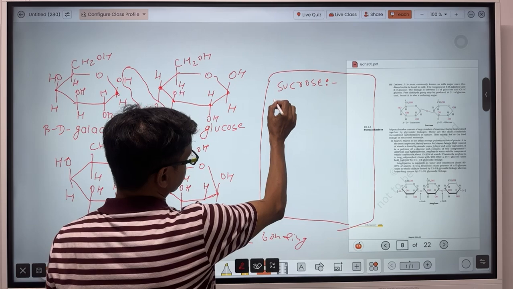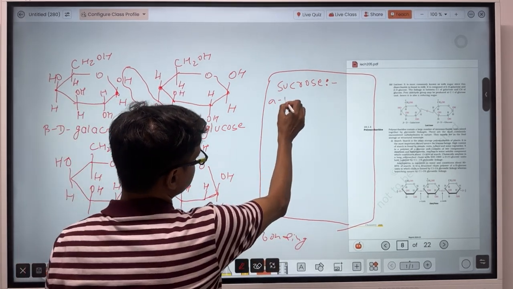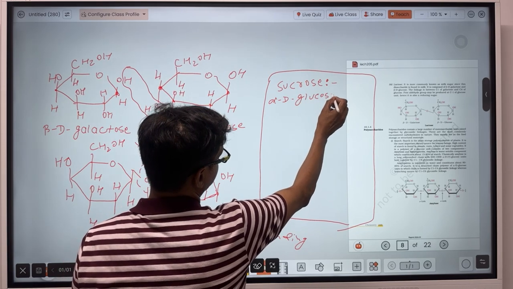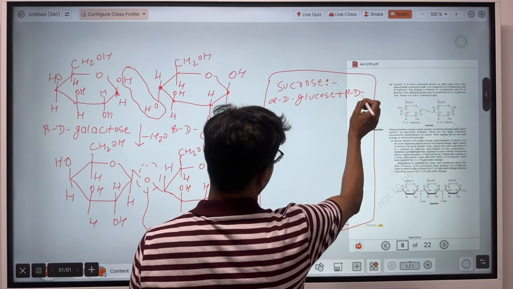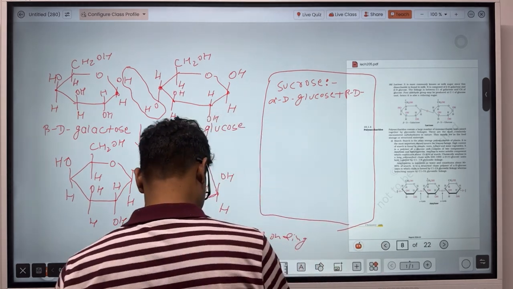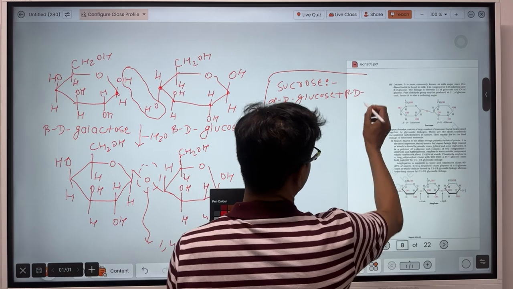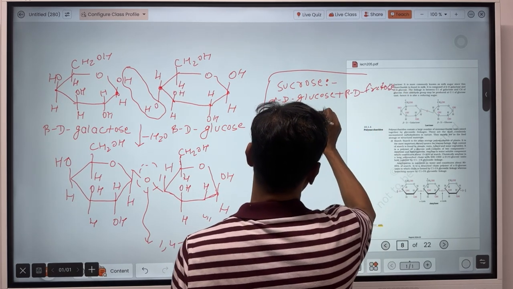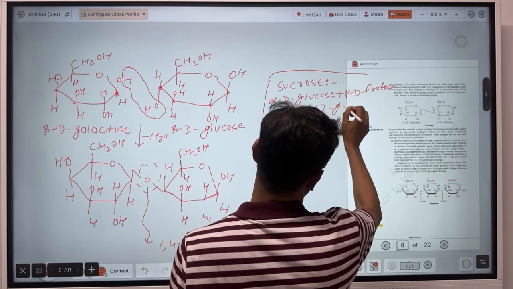Sucrose is the dimer of alpha D-glucose and beta D-fructose. And which type of bonding? That is 1,2 glycosidic bonding.